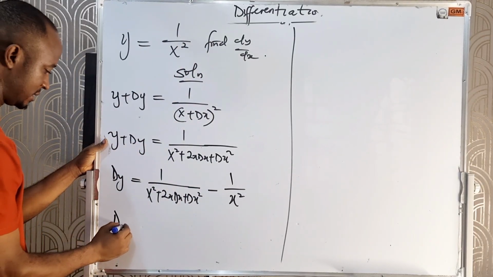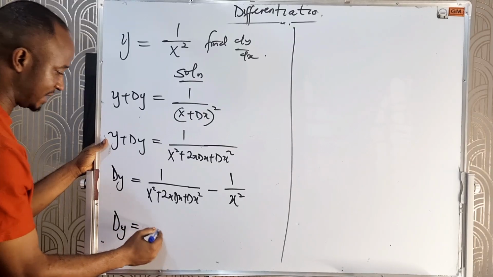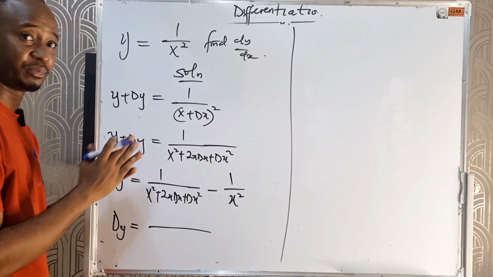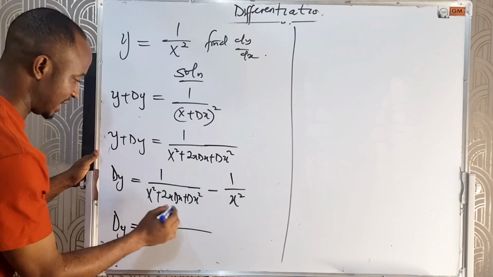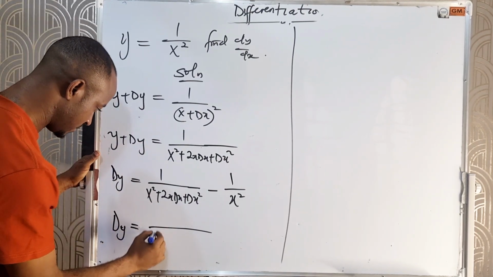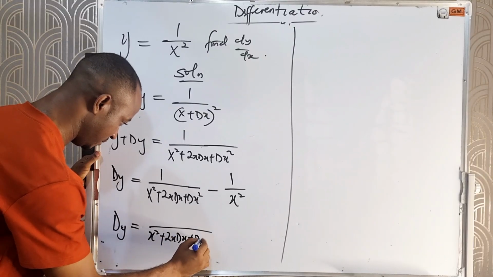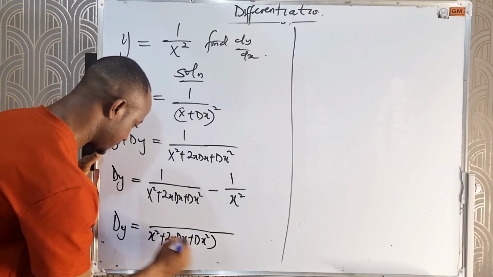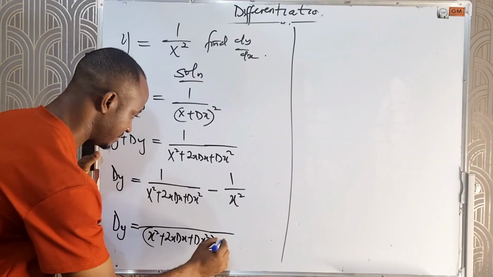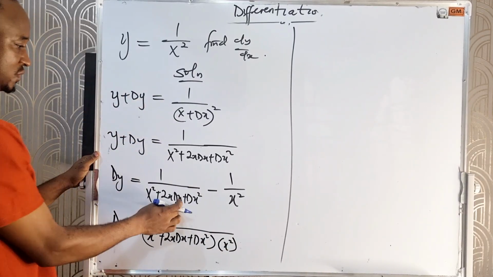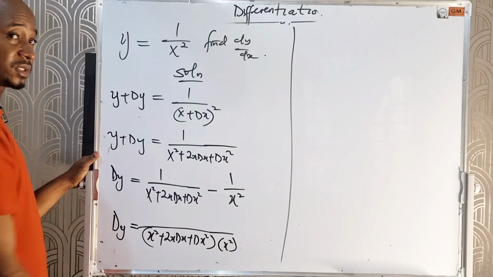So I'm going to take the LCM in the denominator. The LCM between this and this is simply the product of the two, so here becomes x squared plus 2x delta x plus delta x squared times x squared. That's the LCM between these two denominators.